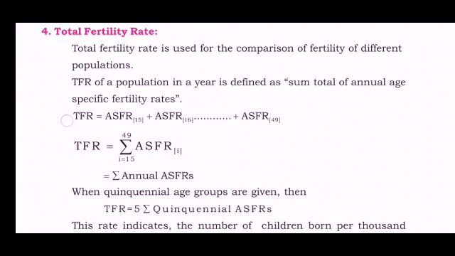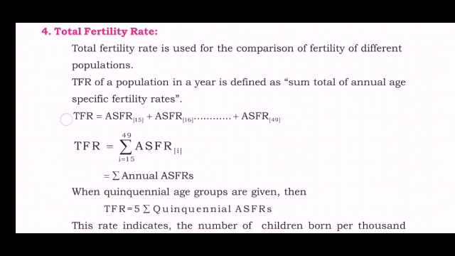By overcoming that demerit, we discussed another fertility rate, the age specific fertility rate, which considers both gender and age composition, so we can calculate individual age specific fertility rate for each age, 15 years, 16 years, 17 years, like that.